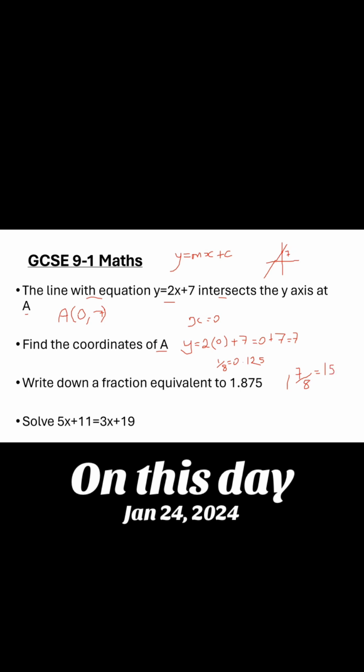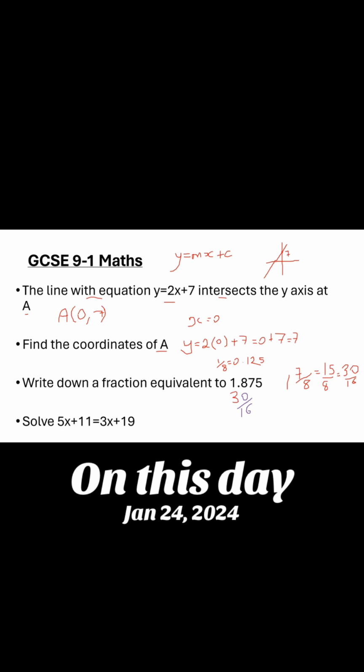So a fraction equivalent to this, let's say, I can times top and bottom by 2, so I get 30/16. So this fraction is equivalent, i.e. the same as, 1.875, because 30 divided by 16 gives me 1.875. Equivalent fractions are fractions that represent the same amount, so you times top and bottom of the fraction by a constant, by a number bigger than 1.